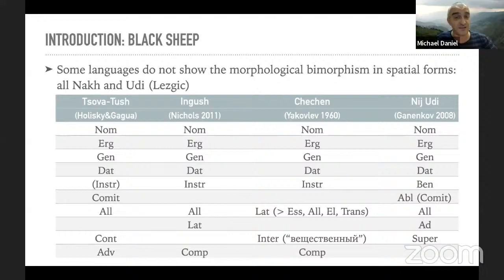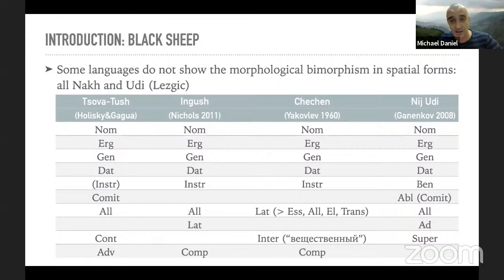For instance, Yakovlev for Chechen suggests that there is some kind of derivation of spatial meanings from one of the locative cases, but he only quotes one locative case, the lative, from which he says the allative and the translative are derived. And it's not very clear whether all experts on Chechen would share the same vision of the Chechen nominal inflection.